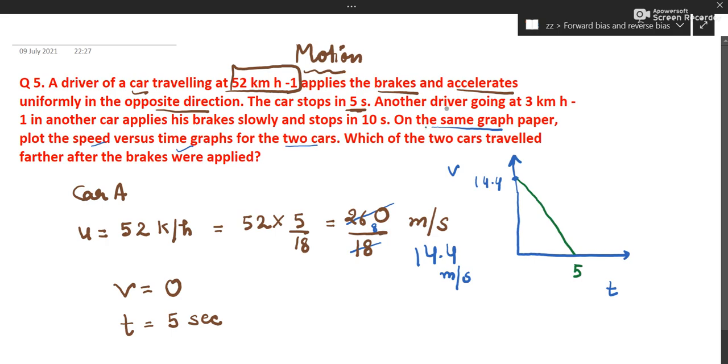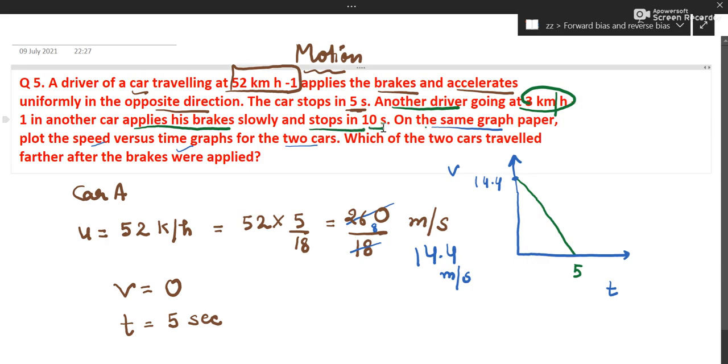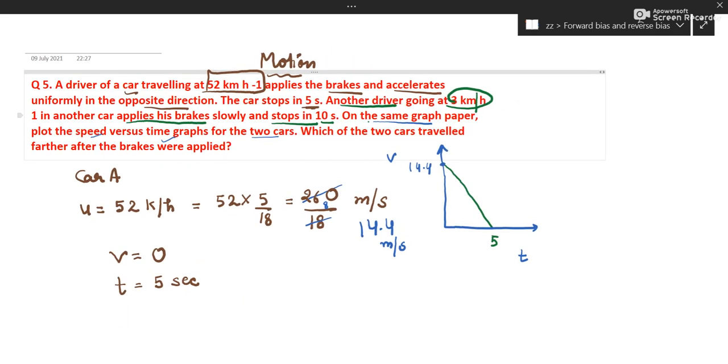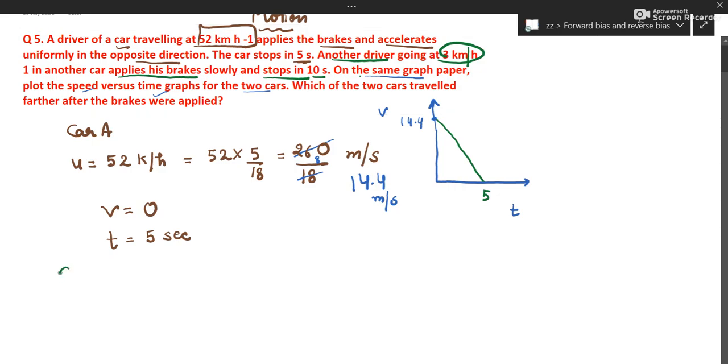On the same graph paper, another driver going at 3 km per hour applies his brakes and stops in 10 seconds. So let us note down the details. Car B, initial velocity is 3 km per hour.